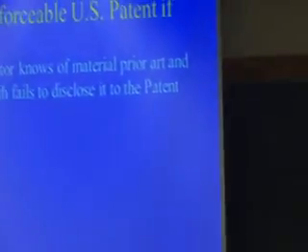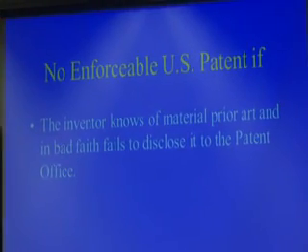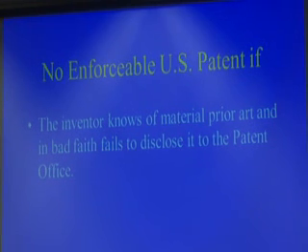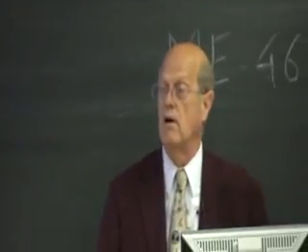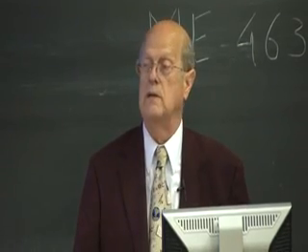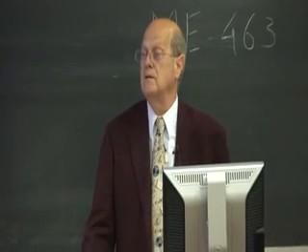You can't get an enforceable United States patent if the inventor or the assignee of the patent application knows of material prior art and in bad faith fails to tell the patent office about it. You have a duty in the United States to tell the patent office if you know of prior art that is close to the invention and you purposefully don't tell them in order to sneak something through that should not have been allowed.